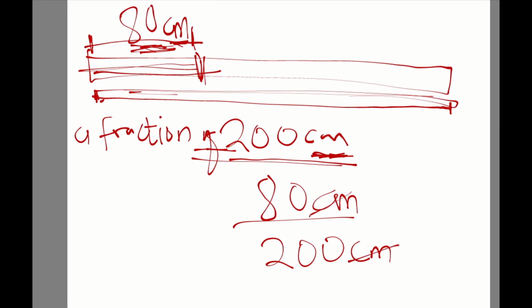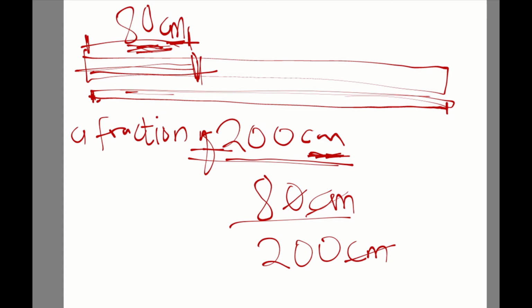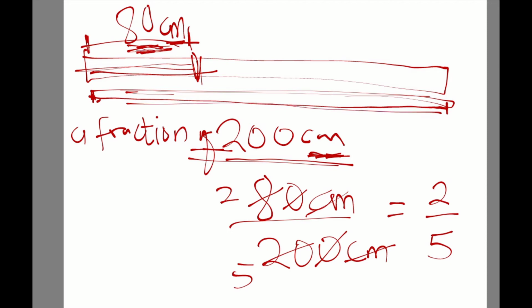Centimeters cancel centimeters, 0 cancels 0, 4 goes into 8, 2 times, 4 goes into 20, 5 times. So we have 2 over 5 as our fraction. So expressing 80 centimeters as a fraction of 200 centimeters is 2 over 5.